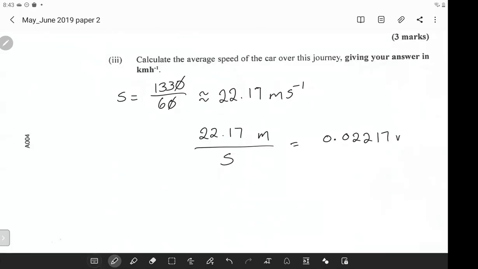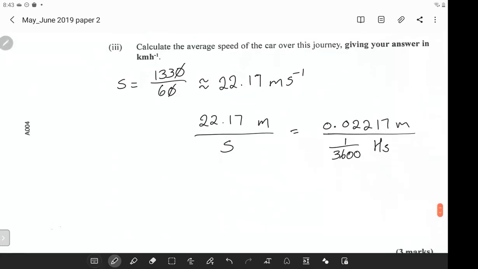So you can say that that is 0.02217 kilometers. And how do we go from seconds to hours? Well, we divide by 3,600. So we have 1 in 3,600 hours. Why 3,600? Because there are 3,600 seconds in an hour. So dividing by 1 over 3,600 is the same as multiplying by 3,600.